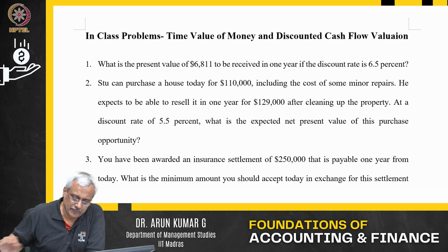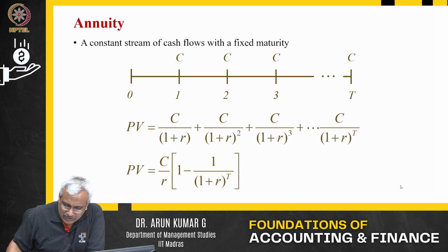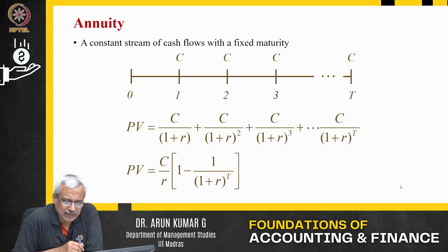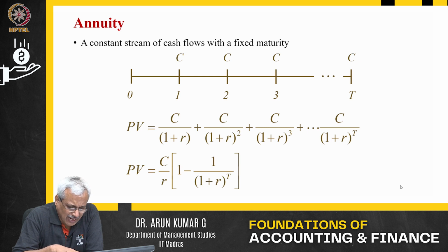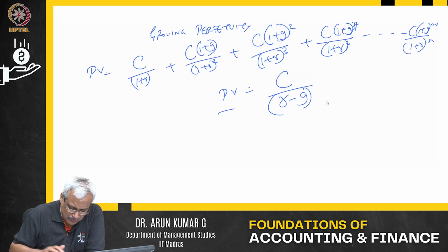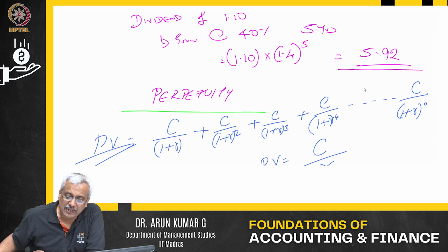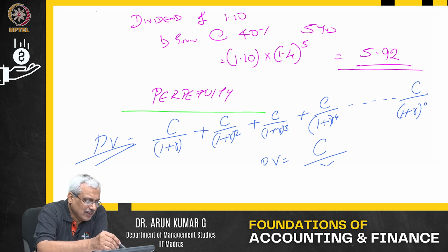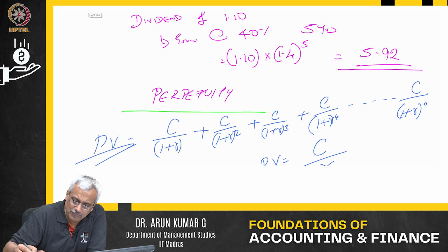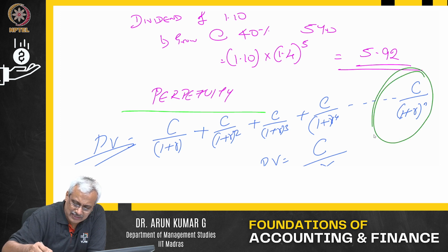After growing perpetuity, what we see is annuity. In annuity, the same cash flow is occurring each period. Unlike a perpetuity, in this case of annuity there is a definitive closure.